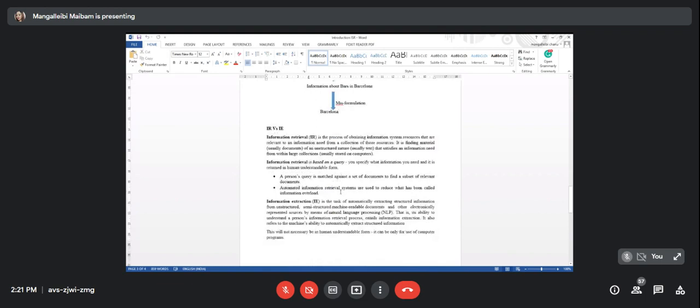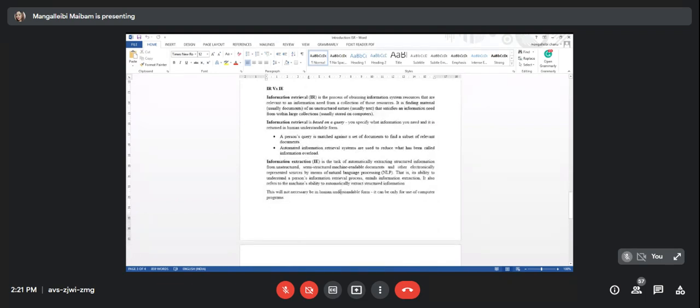Now, information retrieval versus information extraction. Information retrieval, we already discussed the definition here. Information retrieval is obtaining information that is relevant to an information need from a collection. That is information retrieval.